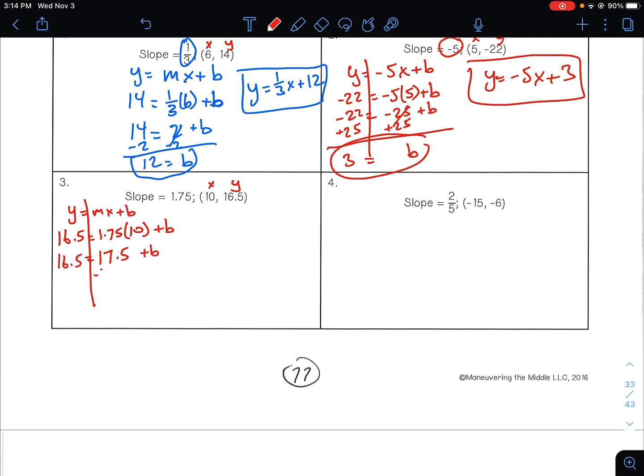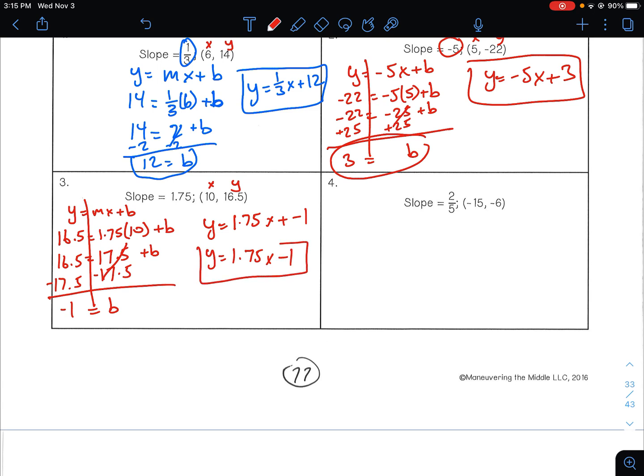So I'm going to subtract 17.5 from both sides to get rid of that. And that equals -1. So b equals -1. So y equals our slope, 1.75x, plus -1. Now, plus -1 is not a good way to write that. When you have a plus and a minus next to each other, the negative beats it out. So 1.75x minus 1 is actually the way we should probably write it.